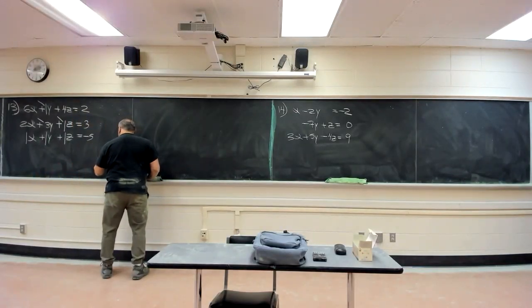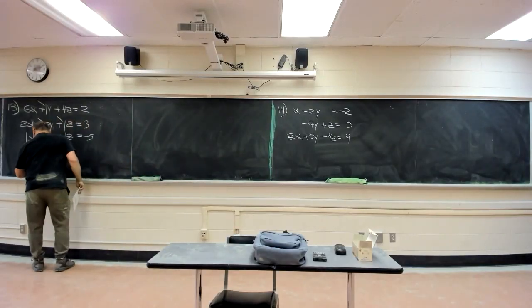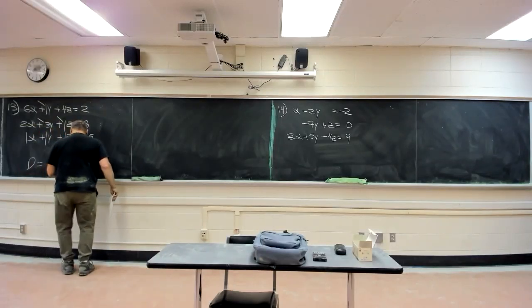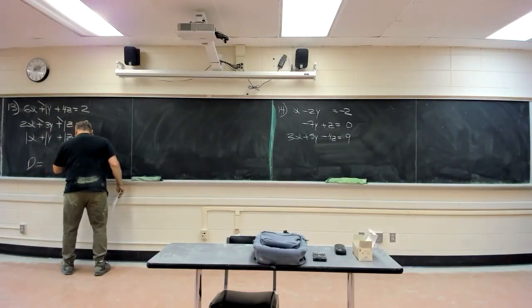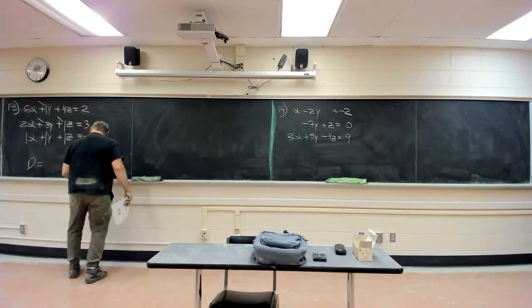At the end of all this, you're going to find what d equals. You're going to find a d sub x, a d sub y, a d sub z, and we can take it from there.